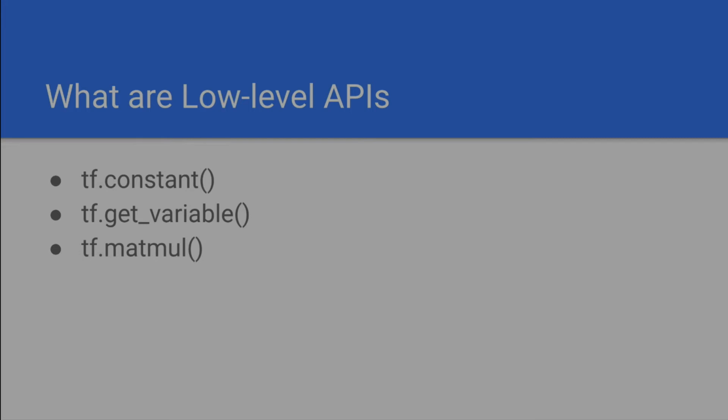So before we get to production, we'll talk about what low-level APIs are in TensorFlow. And really, the low-level APIs give you an implementation of your mathematical constructs. So what that means is in research, for example, or in prototyping, you might be implementing some mathematical equation.